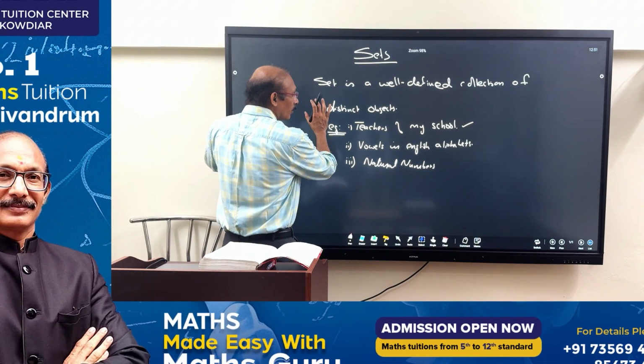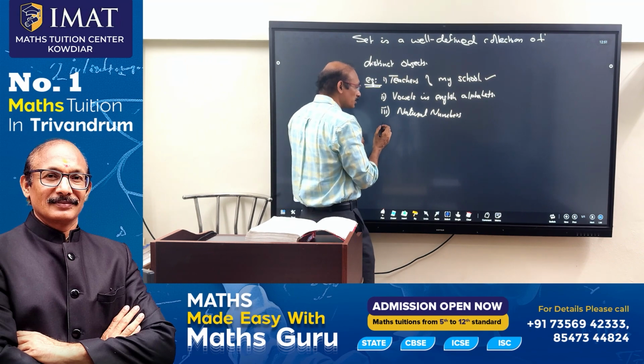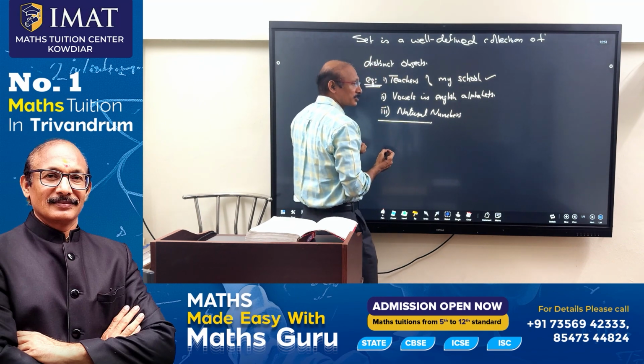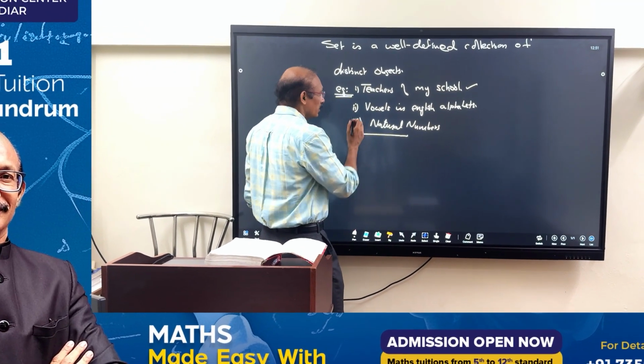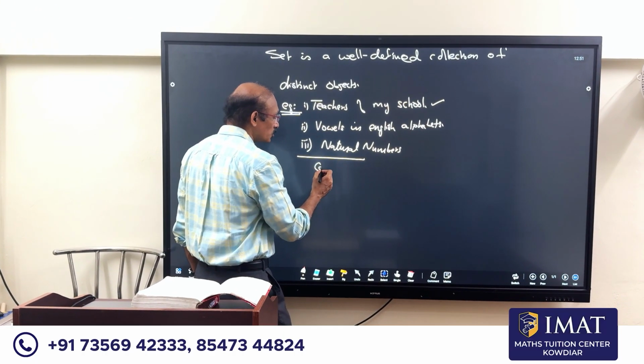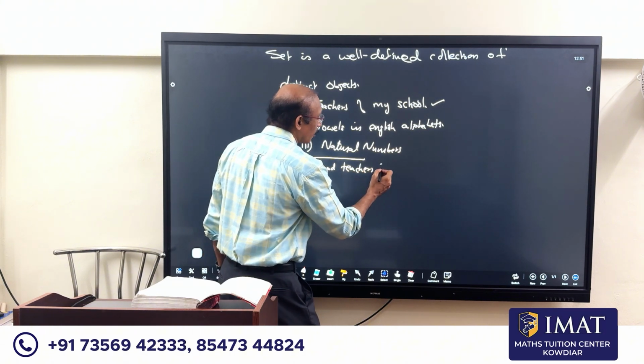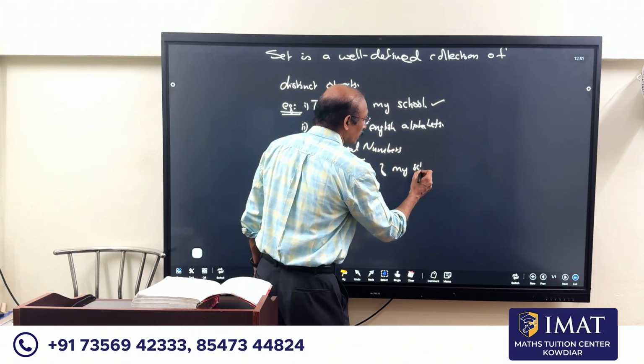Now just see here. Let me take one example. Let us discuss whether this can be called a well-defined collection or not. Suppose I just make a small change in this. I say good teachers of, say, my school.